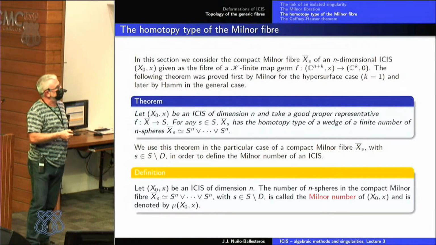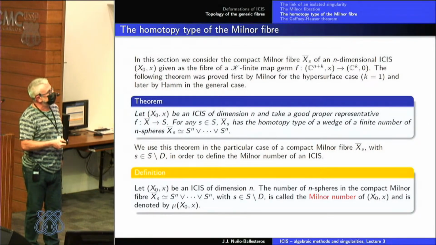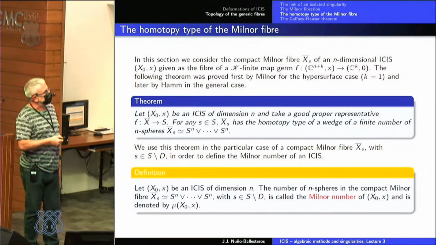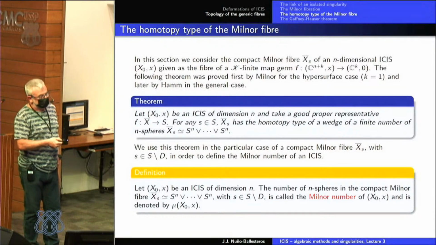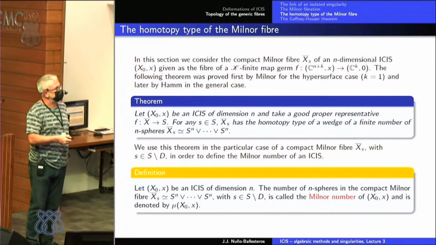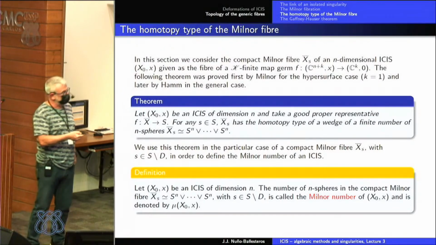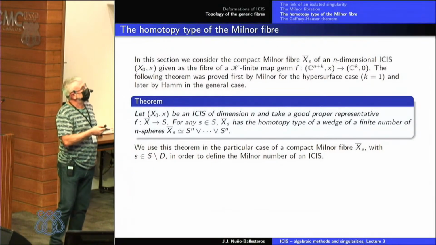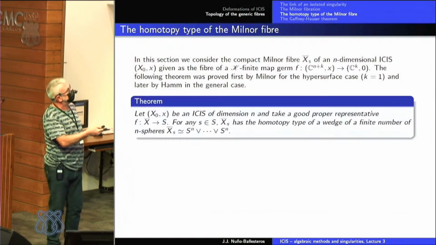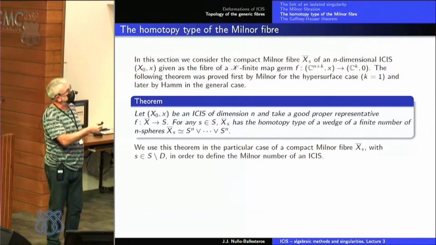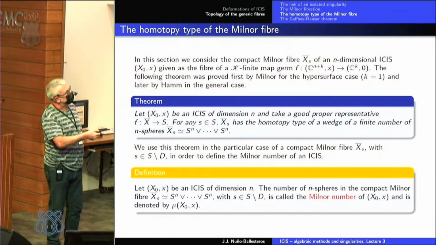By definition, if we take an ICIS of dimension n, the number of spheres in the wedge of the compact Milnor fiber, where here S is not in the discriminant, is called the Milnor number of X0 at x, and it's denoted by mu of X0, x. So the homotopy type is for any fiber, but for the Milnor number, we consider a fiber which is not in the discriminant.